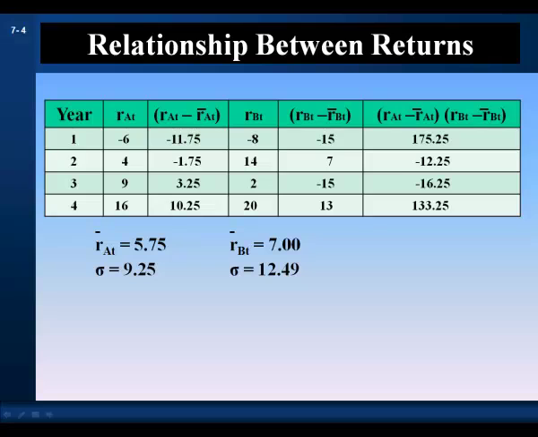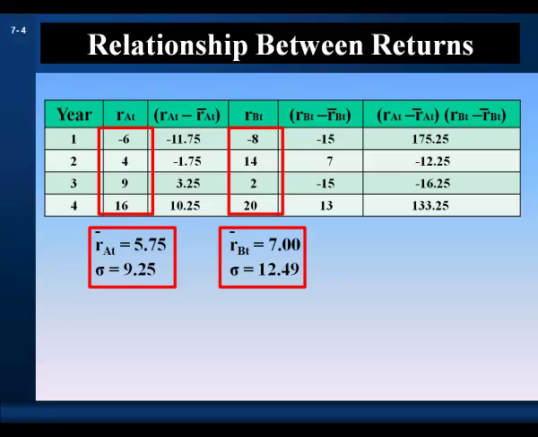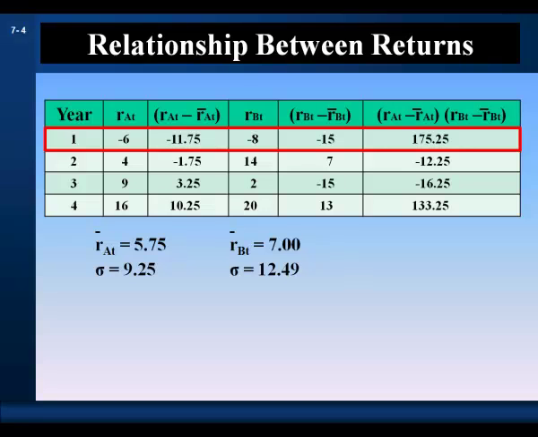Let's look at an example. We have the returns of two securities, A and B. We calculate their average mean return and their standard deviation. In year 1, we calculate the deviation from the mean for both securities.